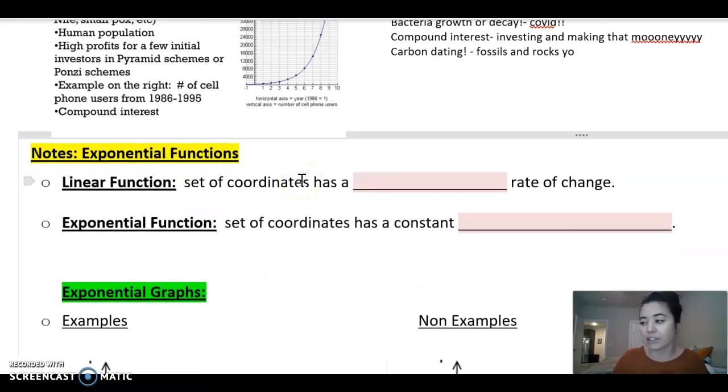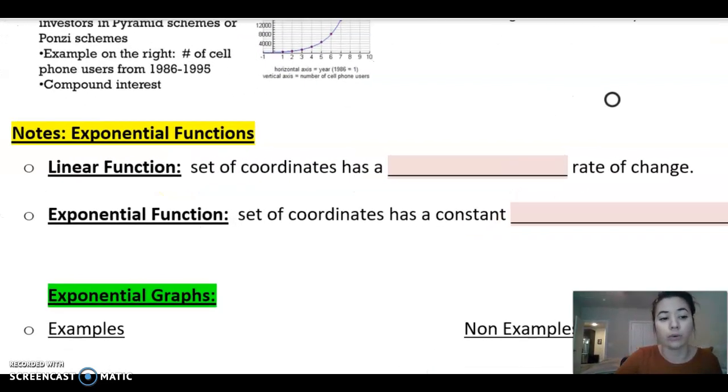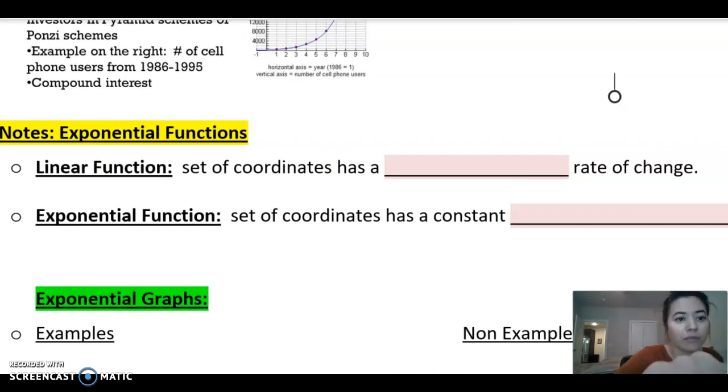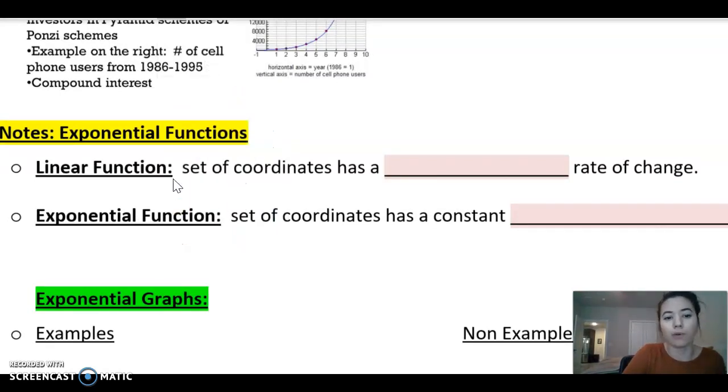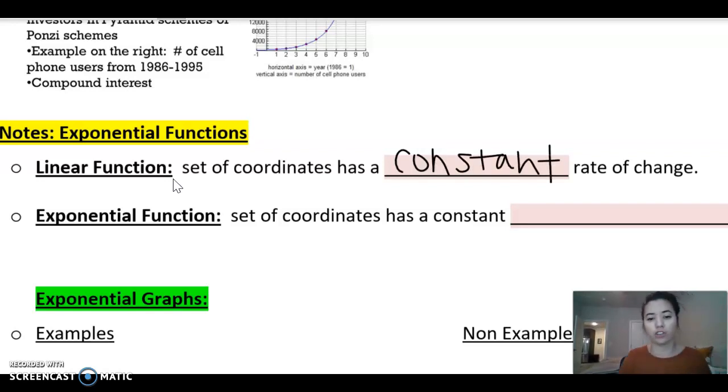Now let's dive into what a key difference is. Linear functions, this is what we've spent a whole Try 1 and Try 2 talking about, those lines. Something I want us to remember is that linear functions refer to a set of coordinates that have a constant rate of change.